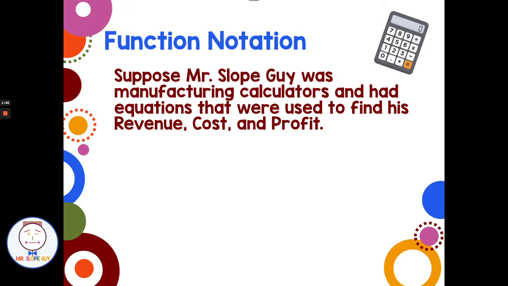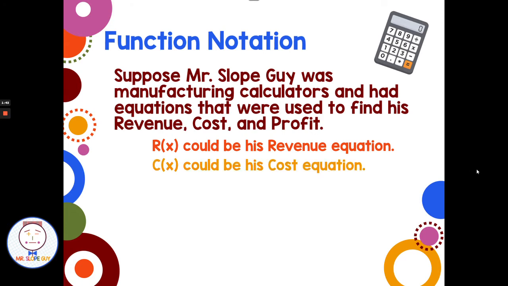So suppose Mr. Slope Guy was manufacturing calculators and had equations that were used to find his revenue, his cost, his profit. Let's say Mr. Slope Guy had an equation for revenue. Well, he might want to label that R of X because revenue starts with R. Or if he had an equation that talked about cost, he might want to label that C of X. Or profit, which would be your revenue minus your cost, how much money you have coming in versus how much you have going out.